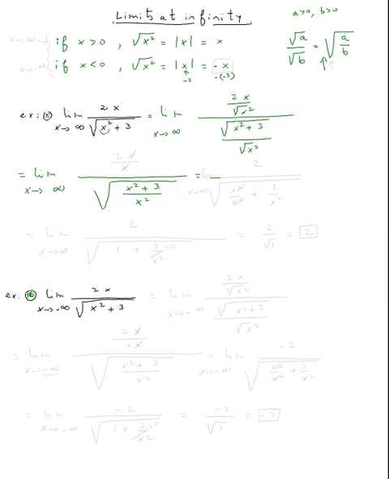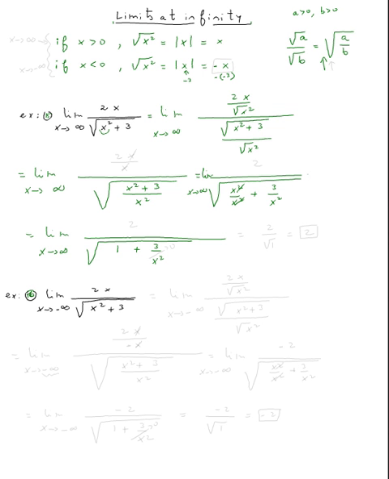This is equal to the square root of x squared over x squared plus 3 over x squared, of course the limit as x goes to infinity. I'm just going to do the denominator first. Our goal is to simplify this. So we get 1 plus 3 over x squared. So it's almost whatever the previous examples we did.